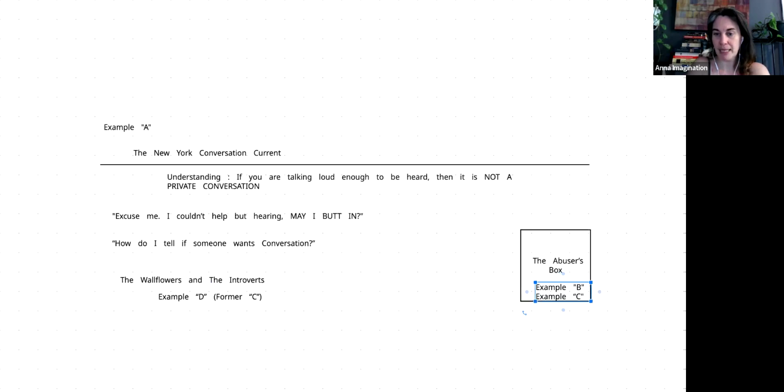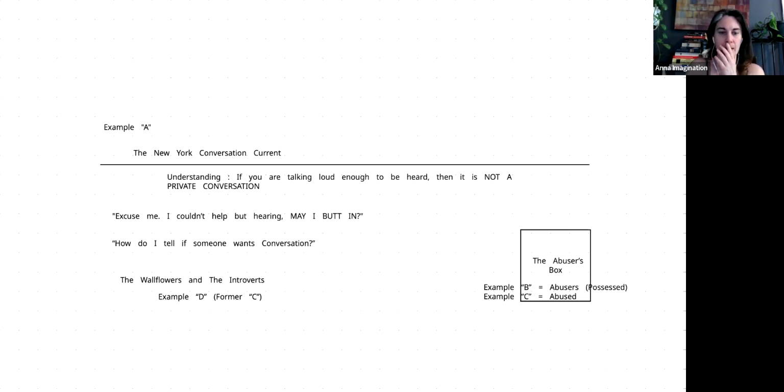And example B are the abusers. I'm going to call the abusers the possessed. And we're going to call the abused, the abused. And there you have it.